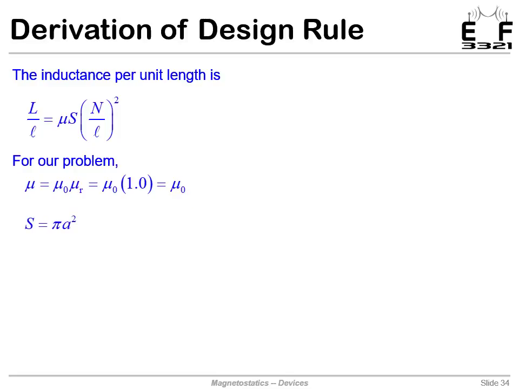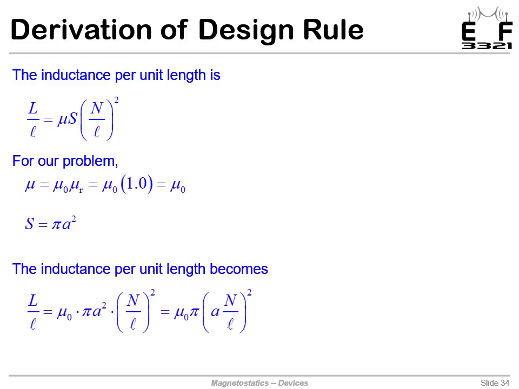The cross-sectional area, if A is the radius of a McDonald's straw, is pi A squared. So we plug this into our formula for the distributed inductance, and we get mu naught times pi, and then all squared, A times N over the length of our inductor.